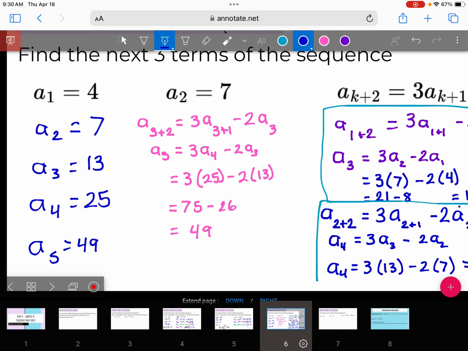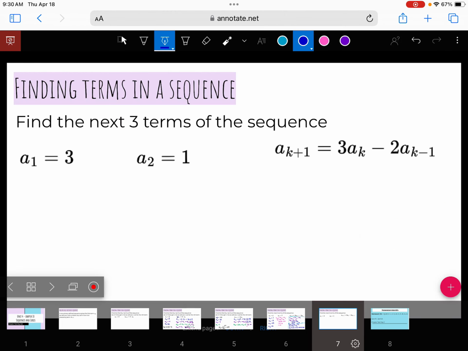We're going to do one more like this. This is kind of double recursive. And it's almost identical. It feels identical.